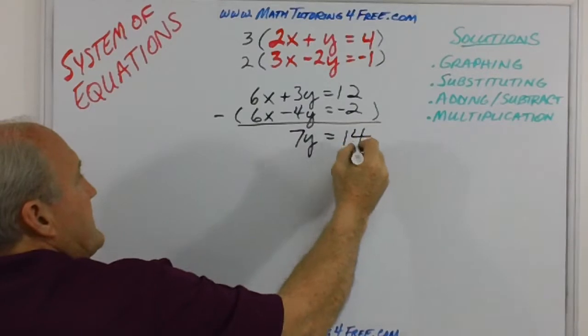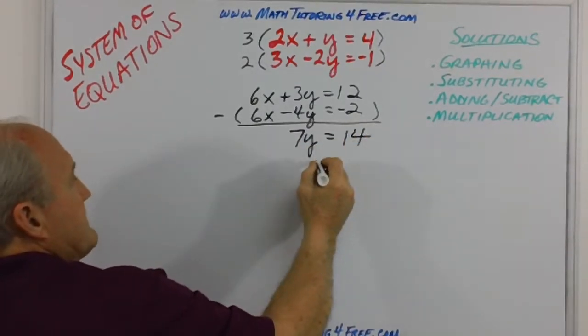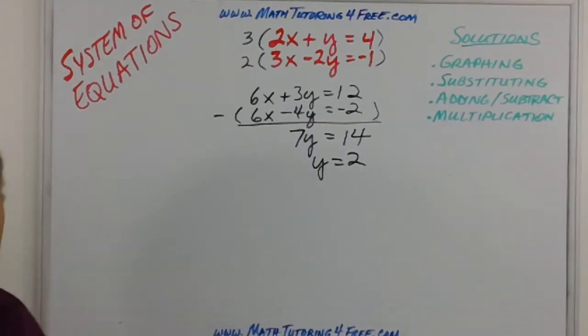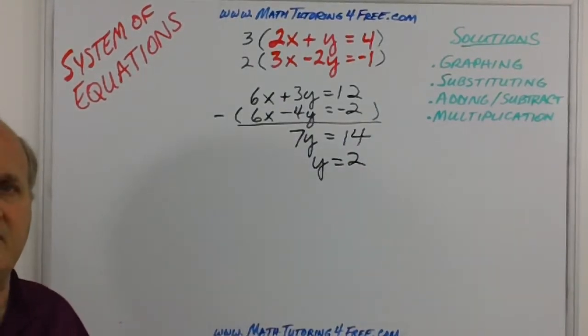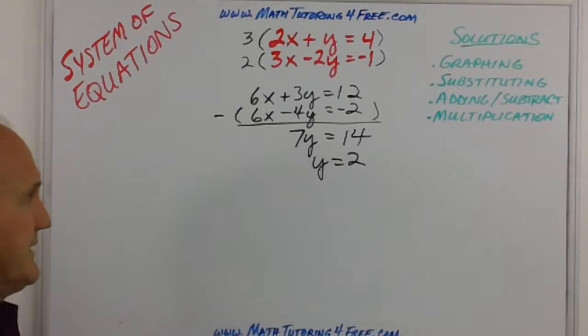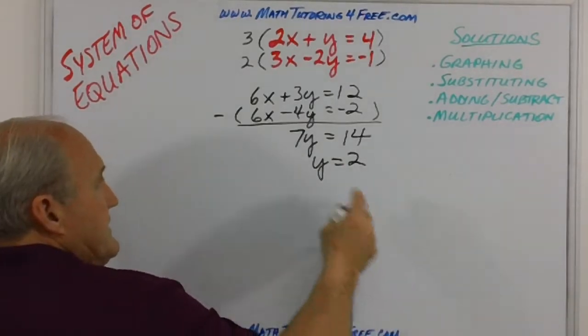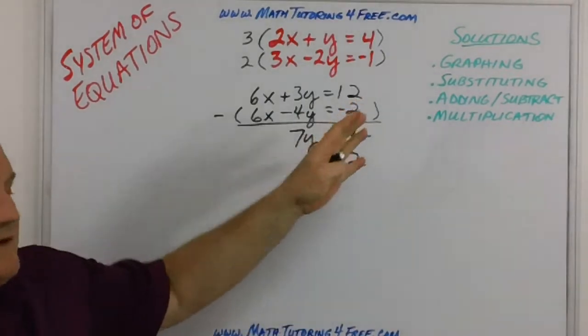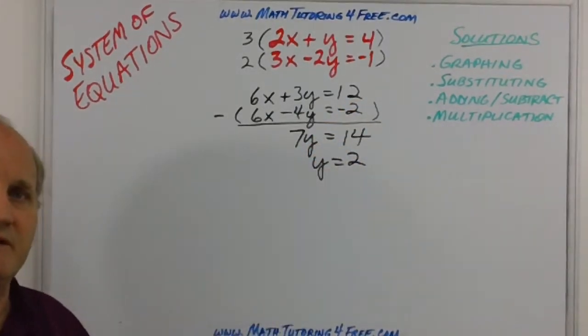That's equal to 14. 7y is equal to 14. Y is equal to 2. And if you'll recall, that is the answer that we found the first couple times. So, 3 different ways that we can do this other than the graphing.